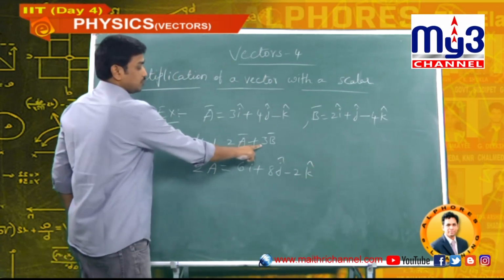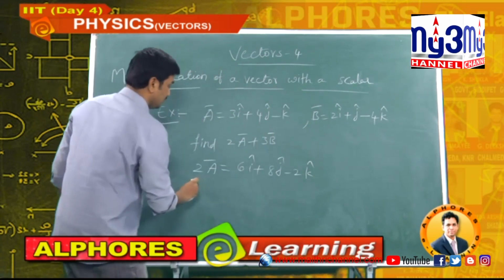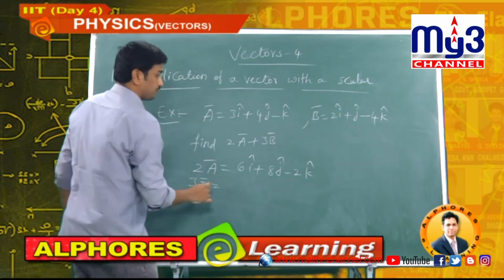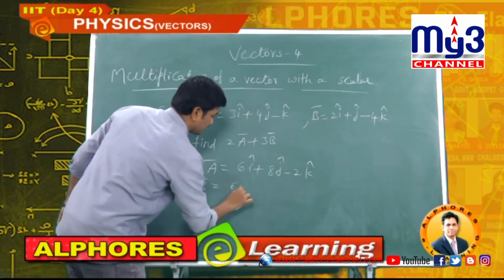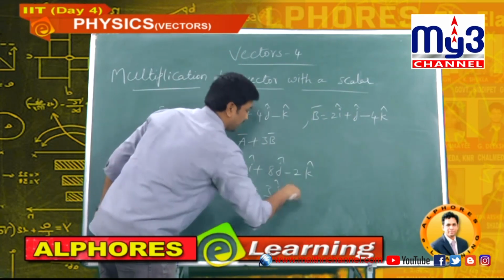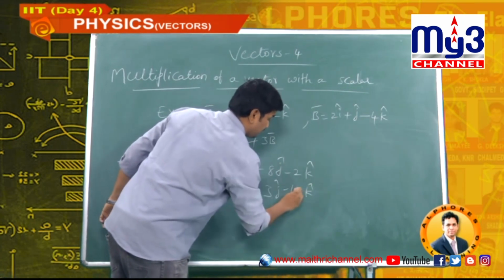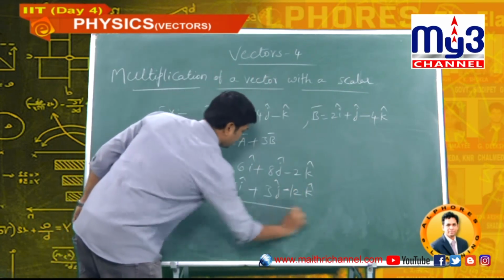Next 3b bar. b bar multiplied with 3. 3 into 2, 6. 3 into 1, 3. 3 into minus 4, minus 12k cap.